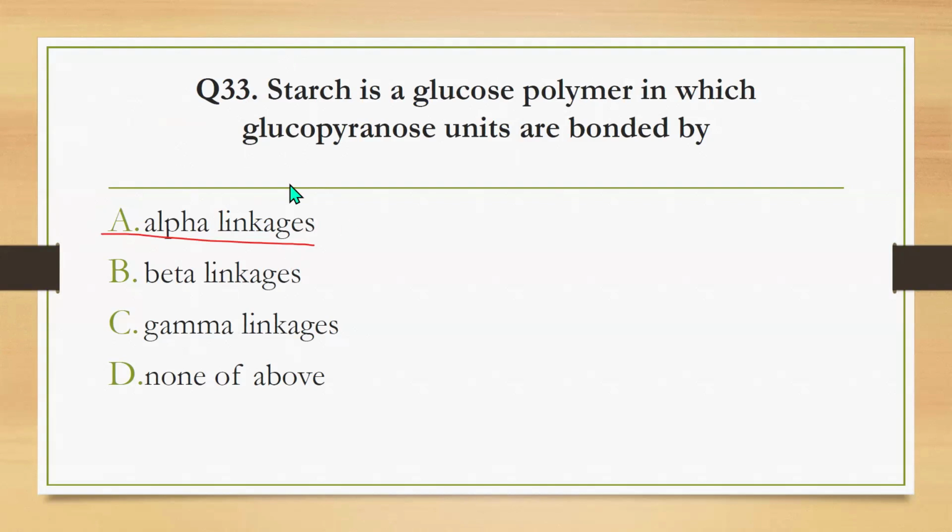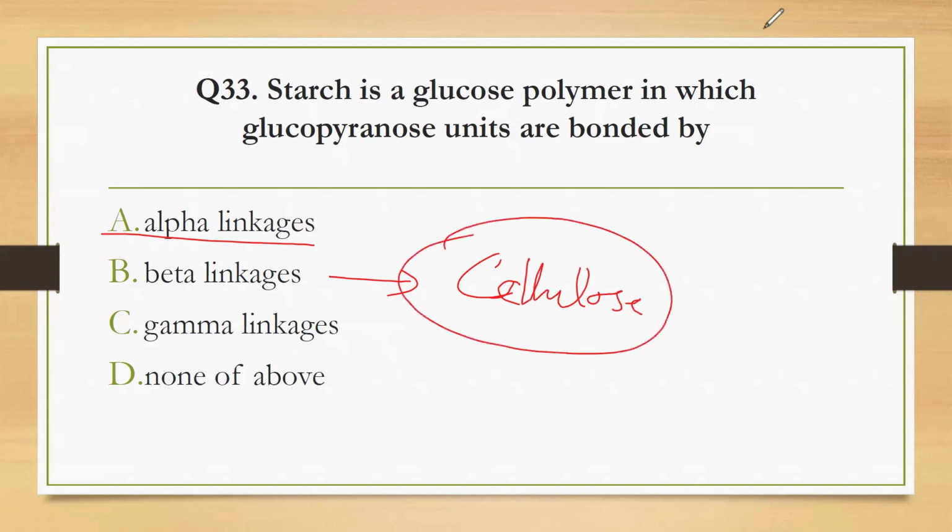An example of a polysaccharide that has a beta linkage is cellulose. But the answer for this is alpha, because starch has alpha linkages.